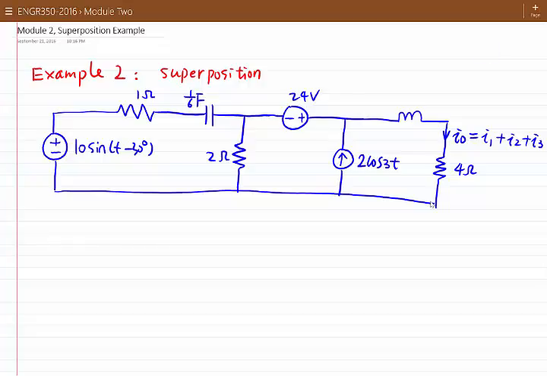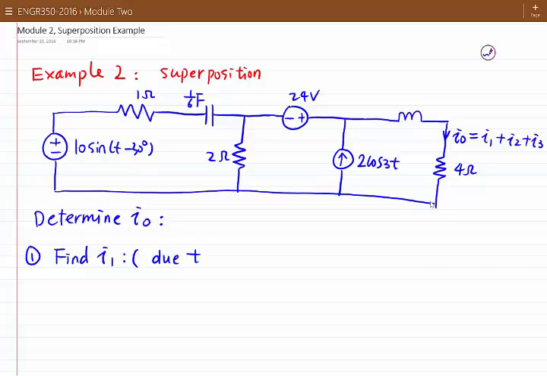So let's see how we determine I_O. The first step here is to find I1. So I1 is due to the 24 volt source.